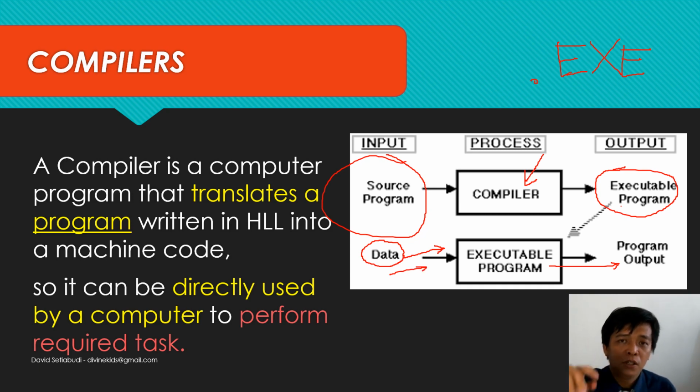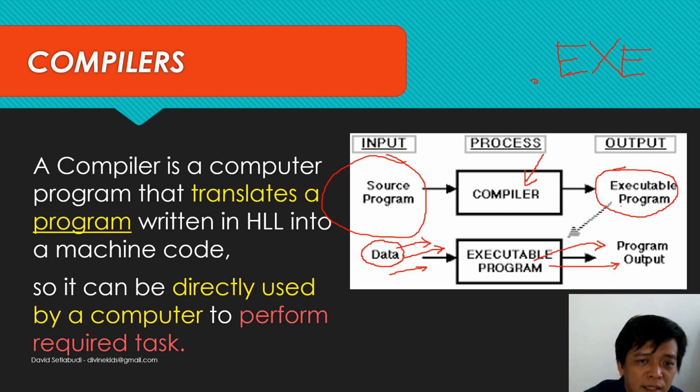Let's say your game is a fighter game, and you press left and right, the fighter goes to the left and right. So after there's input data, the executable program has a program output. So the character moves to the left or to the right or fires something. Okay, that is what the compiler does. Okay, moving next.